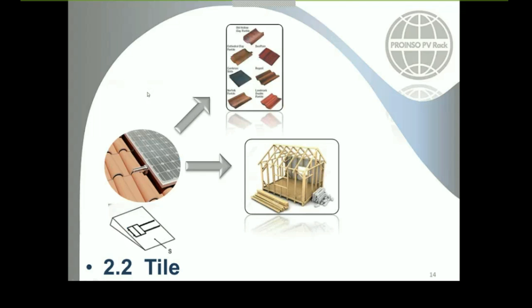The next one is the tile, also designed for almost all the tile versions that we could find in the market. The only thing that we should take into account is the superimposition distance that we are going to have between tiles, because I will show you the fixing piece that we have.